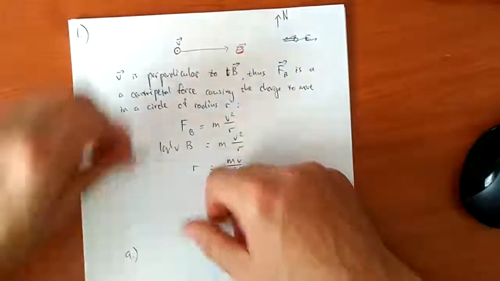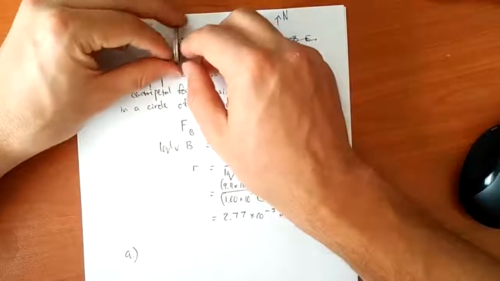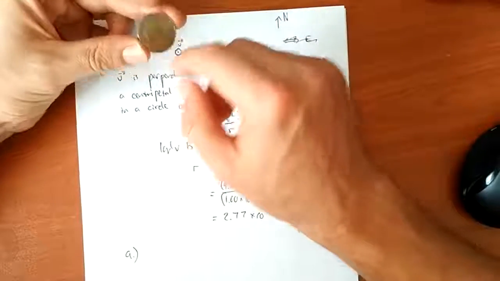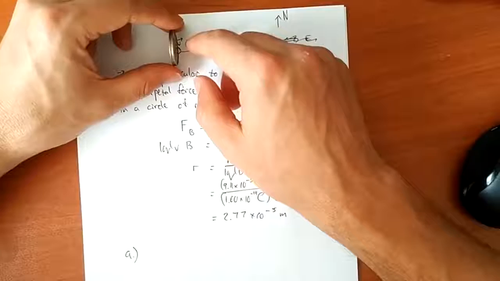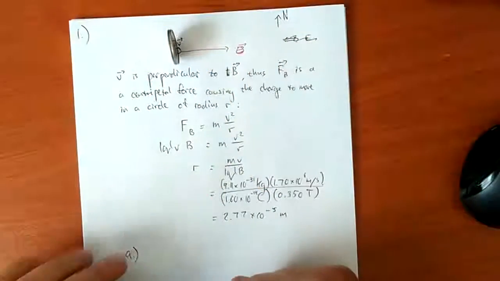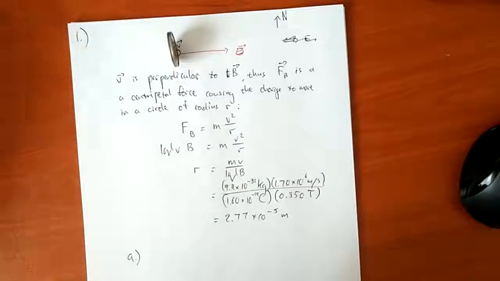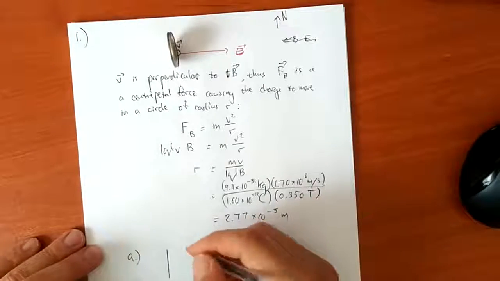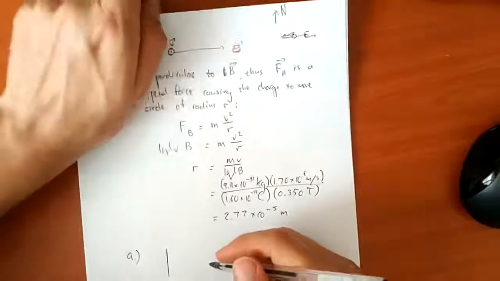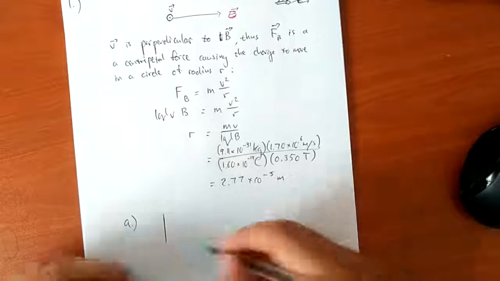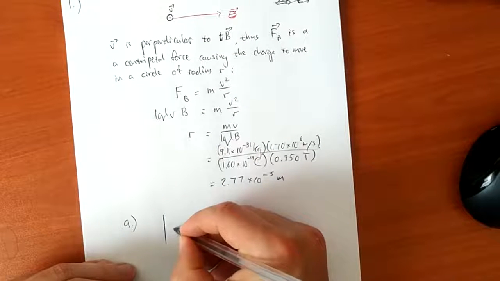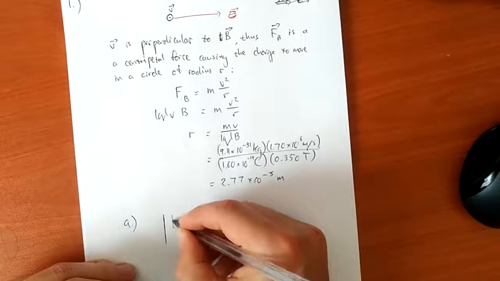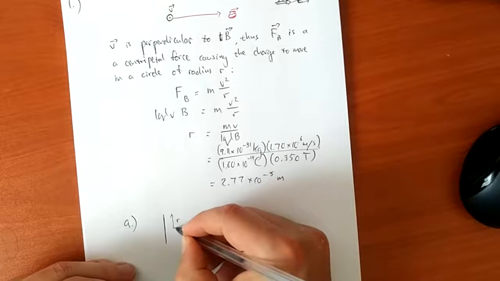In other words, if the circle is the outside rim of this 5-franc coin, then it's going to look like that from this perspective. So for A, it's just going to be a vertical line is all that we're going to see. We can indicate the radius, and that is the radius r.